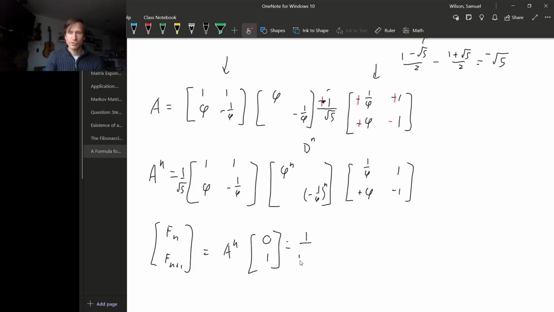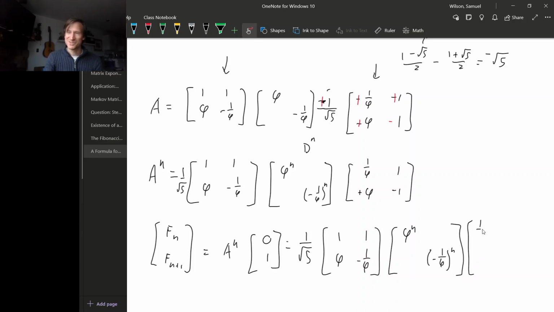So 1 over root 5 times 1, 1, phi, minus 1 over phi, times this diagonal, so phi to the n and minus 1 over phi to the n, times 1 over phi, 1, phi, minus 1, times 0, 1.